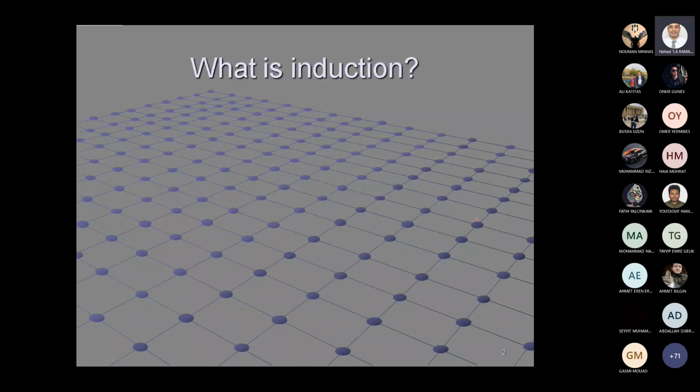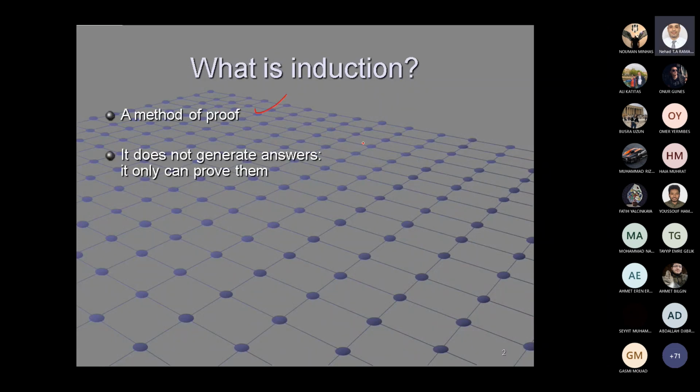So, what is induction actually? It's a type of mathematical proof, and we use it only for proof. It has three parts. First part, we have the base case. We take one of the cases and prove that it's true.